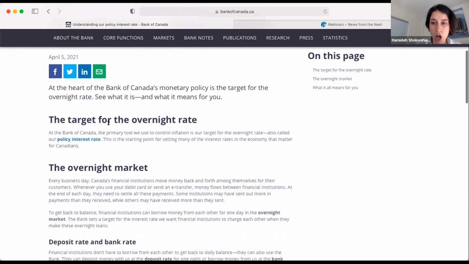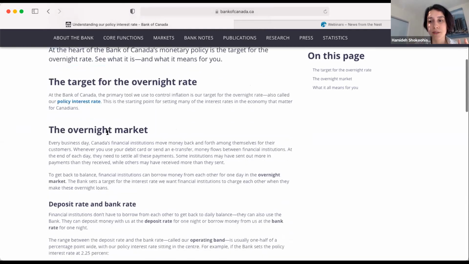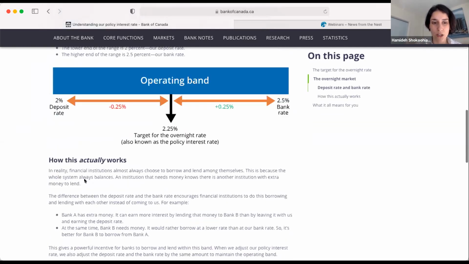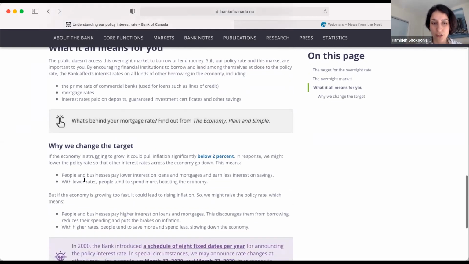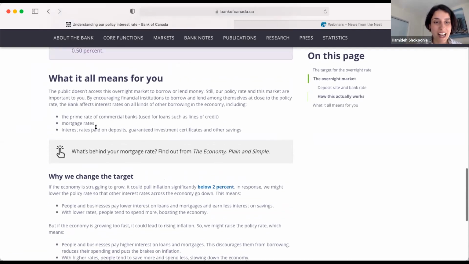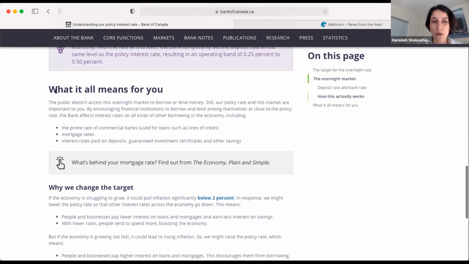So then here, to engage them, to promote their interest, what I do is that I tell them to read this paragraph, what it all means for you. What does this policy interest rate mean for you, your family?